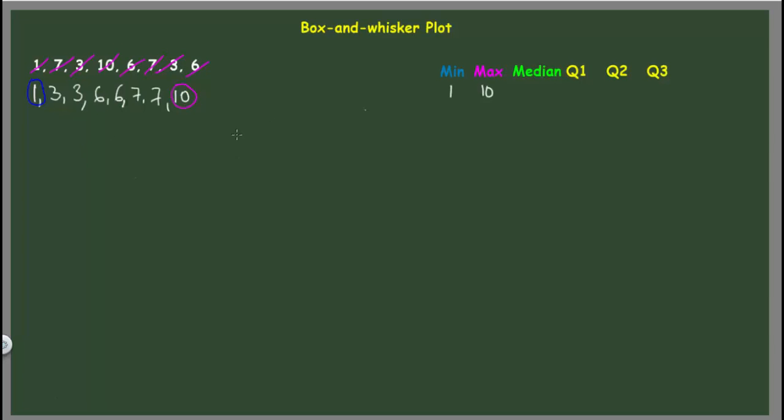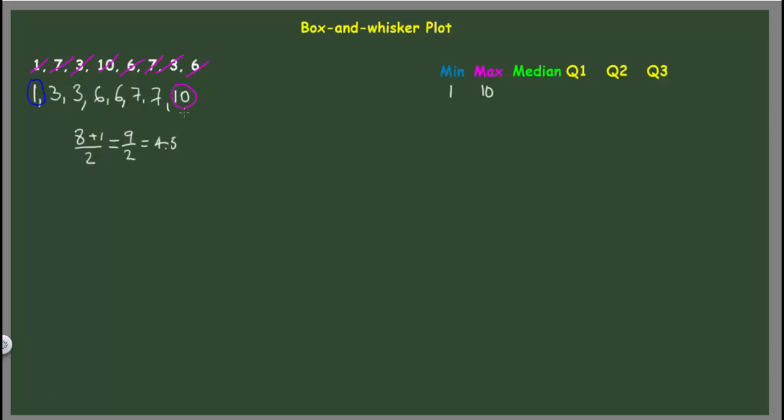To find the median, there are two ways to do it. Either you count the numbers we got in our set, add 1, and divide by 2, or you can count from the outside on both sides toward the middle, and when you get to the middle you can find your median. The easiest way is to add 1 to 8, since we have 8 numbers, and divide by 2, and this gives us 9 over 2, which is 4.5.